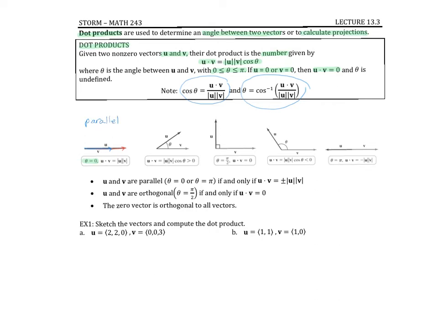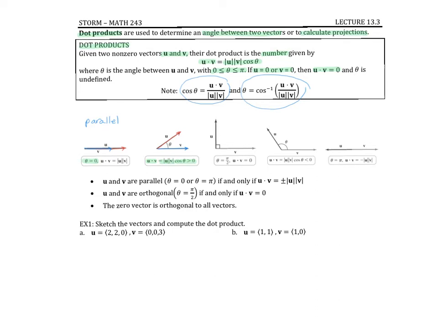The next case is if we have some vector u and a vector v, where the angle theta between them is some acute angle between 0 and pi over 2. In this case, our cosine is going to be positive, and then our dot product will also be positive.